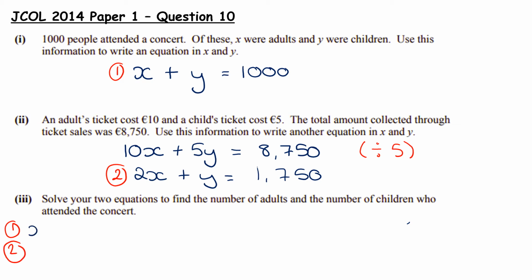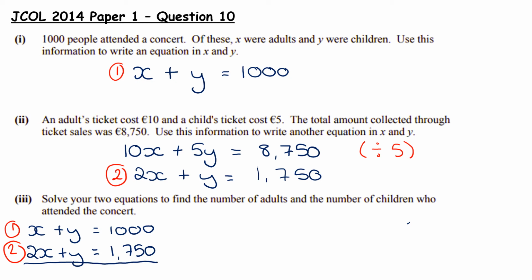So we have x plus y equals 1,000. We have 2x plus y equals 1,750. To eliminate the y's, we simply need to change the signs. So I'm going to change the signs of equation 1. Now I can do this by simply changing all of the signs.